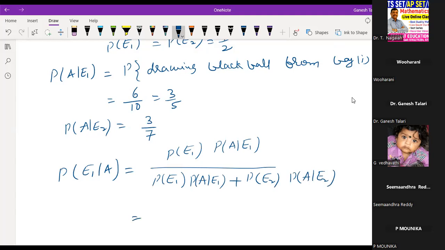So this is 1 by 2 into 3 by 5, upon 1 by 2 into 3 by 5 plus 1 by 2 into 3 by 7. Total I can get, sorry, 7 by 12. So this is the correct answer.